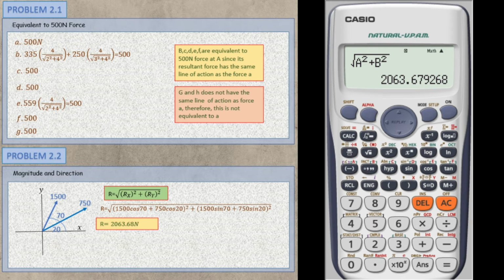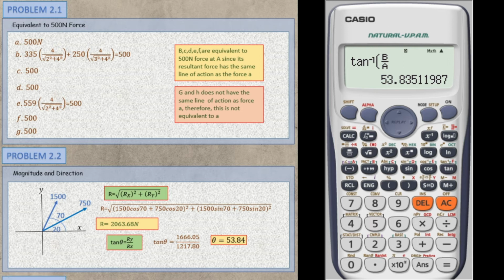And then for the direction, applying this formula, it is just shift tangent of B over A, so Ry over Rx. So equals, we have 53.84 degrees. Okay, that will be our problem 2.2.